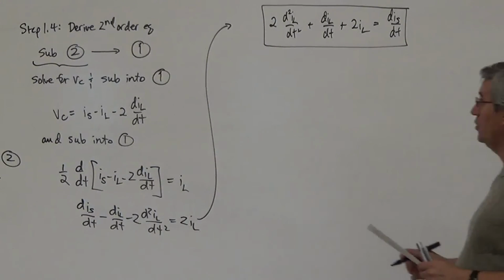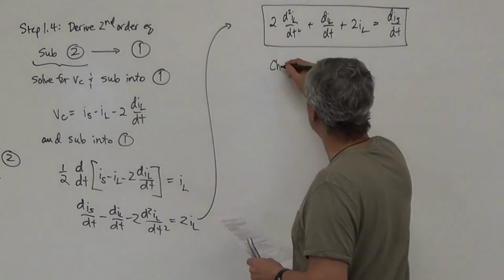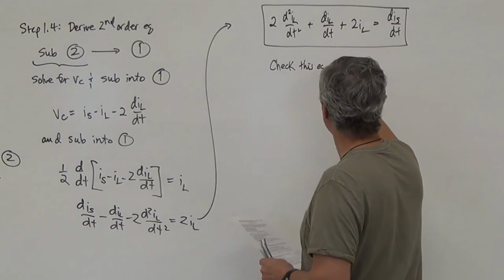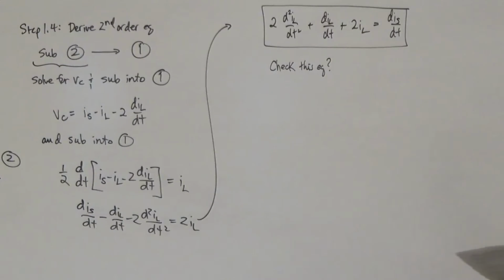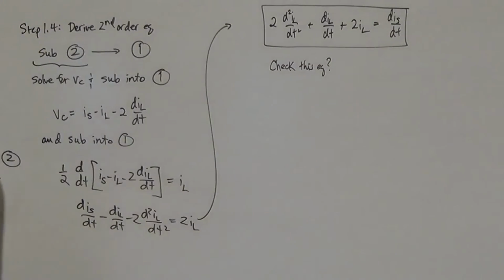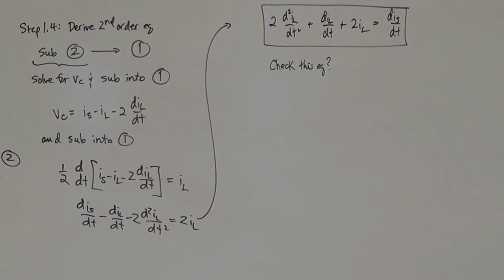Now, what I would do is check this equation. We want to find out whether this equation is reasonably good. So for all intents and purposes, let's say that this term is a constant. If this is a constant, what is the inductor current going to go to at steady state? 0.